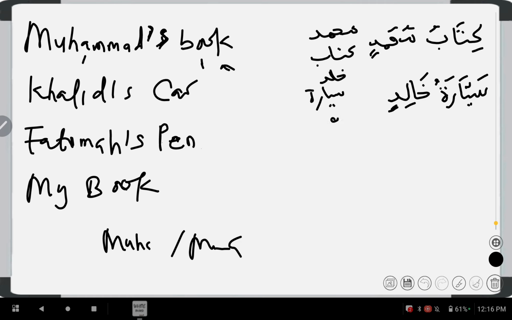Now pen. We have Fatima, and we have Qalamun, pen. So in English, the person possessing is what comes first. Fatima's pen. That is why we are using 's, to tell us that this is a possession.